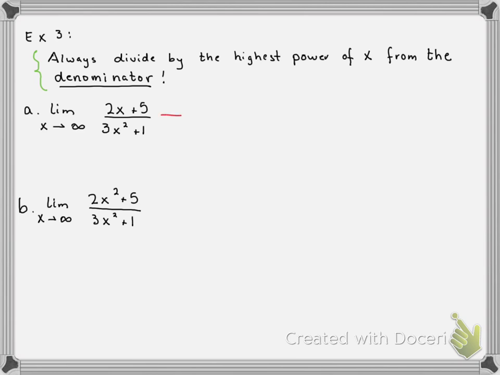So that would look like 2x over x squared plus 5 over x squared, all over 3x squared over x squared plus 1 over x squared.